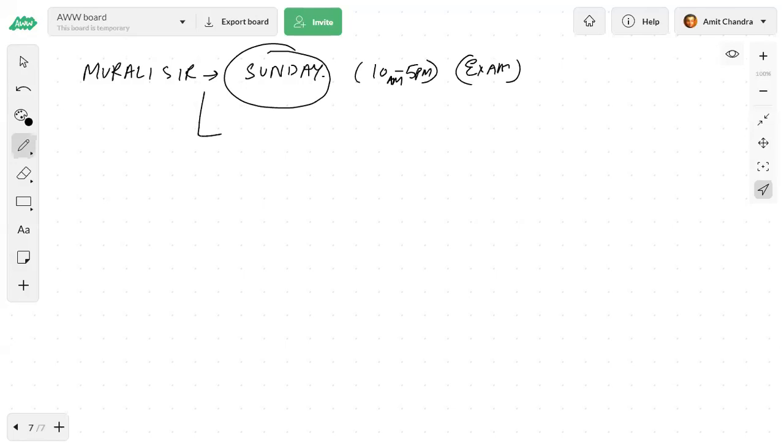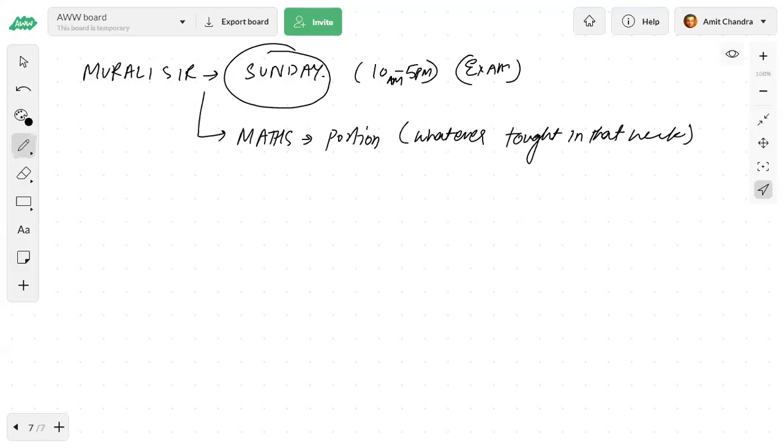So every Sunday, whatever portion we have done in that one week, the maths portion taught in that week will be the exam. So till now only matrices had been taught, so I will ask questions from only matrices. Murli sir has said that every Sunday you will have an exam, and whatever maths portion has been taught in that week will be the portion for any coming week. Every week we'll have a continuous exam.